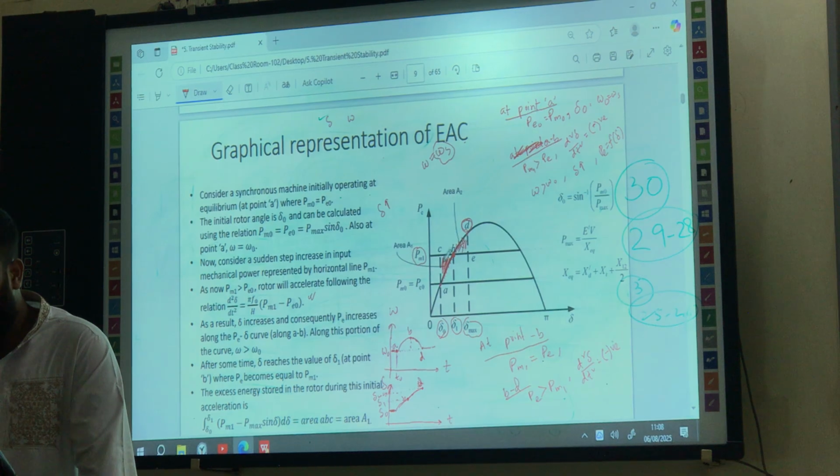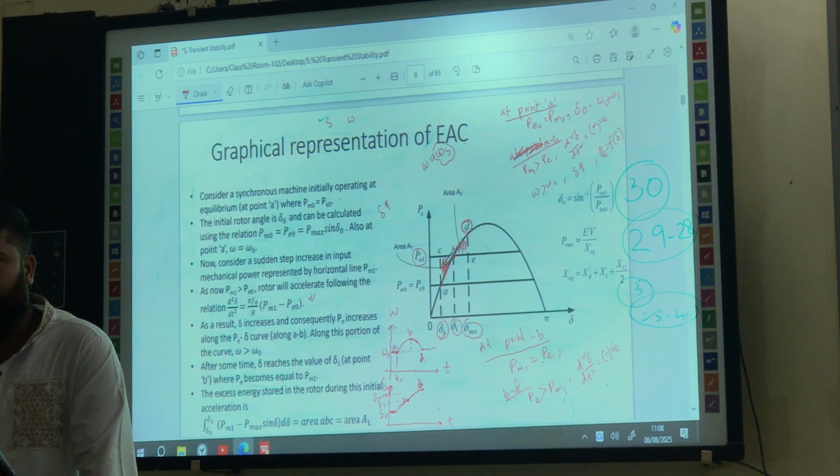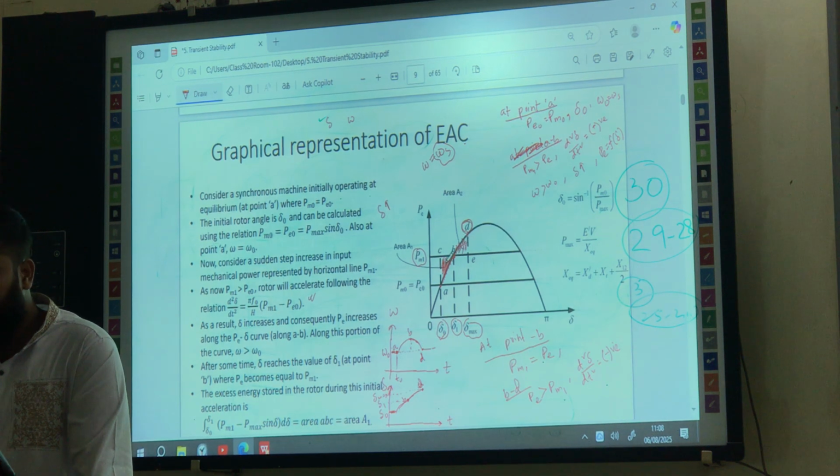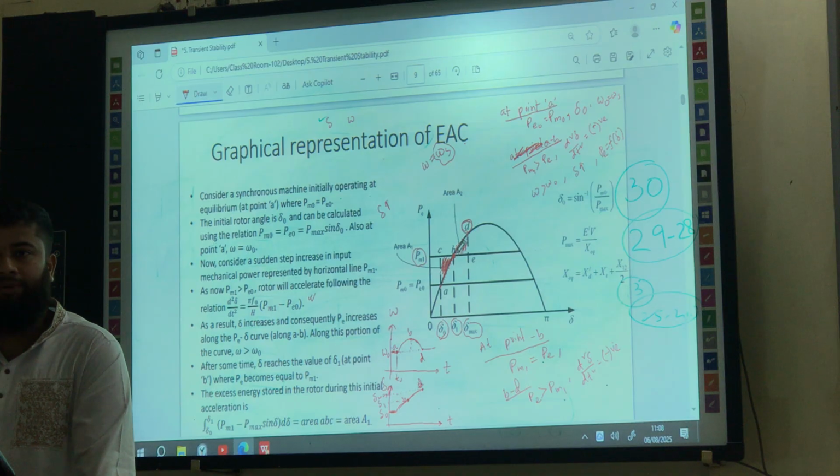So this area ACB was stored during the acceleration phase, and now in this deceleration region this energy is given back to the system. That means these two areas should be equal: area ACB should be equal to area BDE, that is area A2.